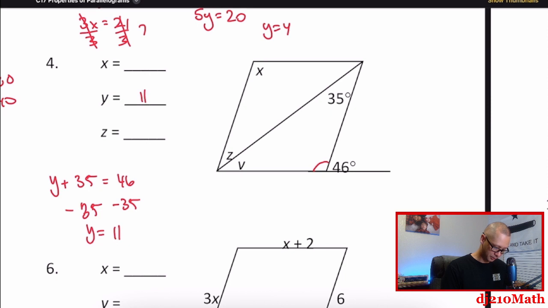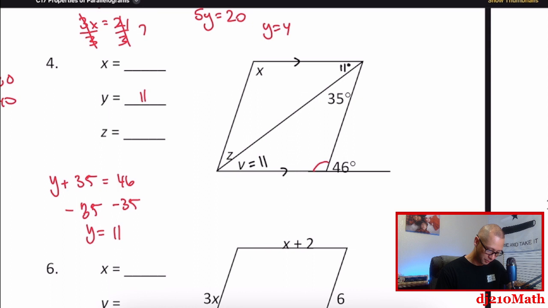So y is equal to 11. So this is 11. Which means, right, because these are parallel, which means this is 11. Which means that the whole thing is 46.